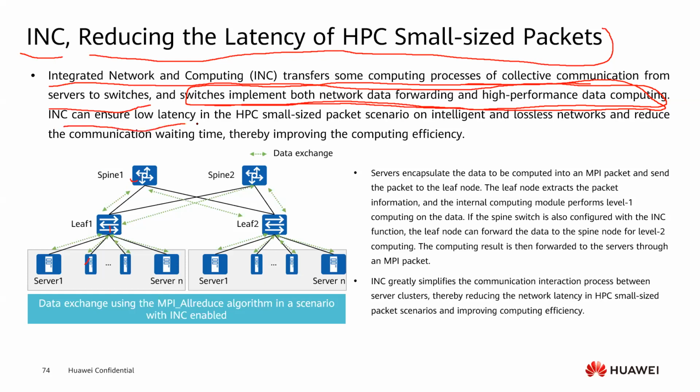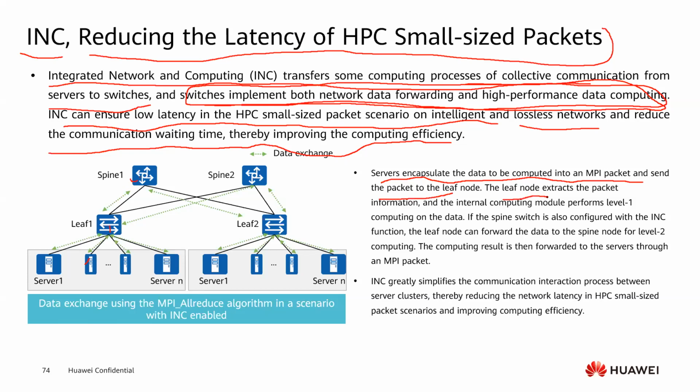INC can ensure low latency in the HPC small-sized packet scenario on an intelligent and lossless network and reduce the communication waiting time, thereby improving the computing efficiency. Servers encapsulate the data to be computed into an MPI packet and send the packet to the leaf node.